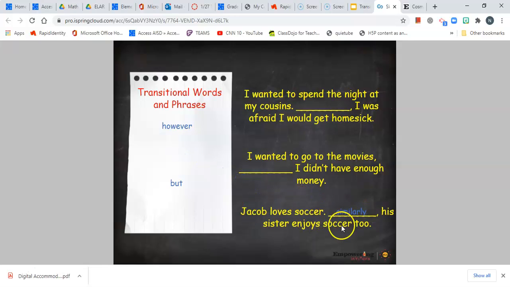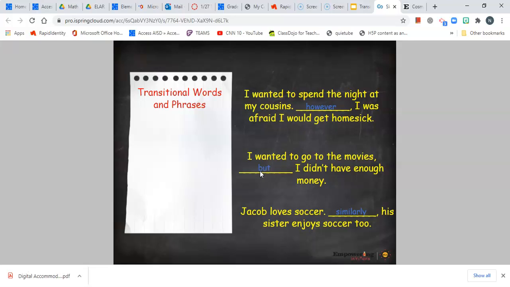This one is the one that is similar ideas. So we use similarly because they're similar. This one I had already read to you. Actually, it should be with a capital letter H because it's the beginning of a sentence. However, I was afraid I would get homesick, so he didn't want to spend the night after all. I wanted to go to the movies, but again, oh, this one is a comma, so then we can put a lowercase but.